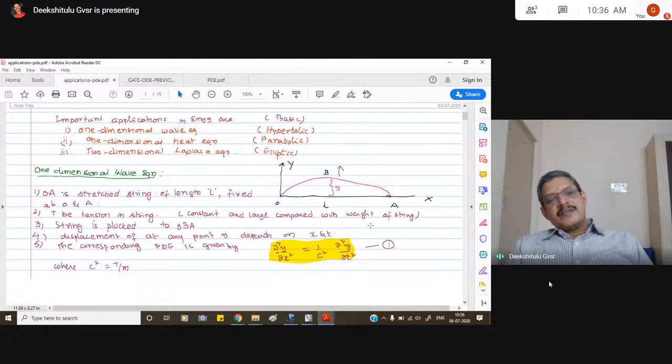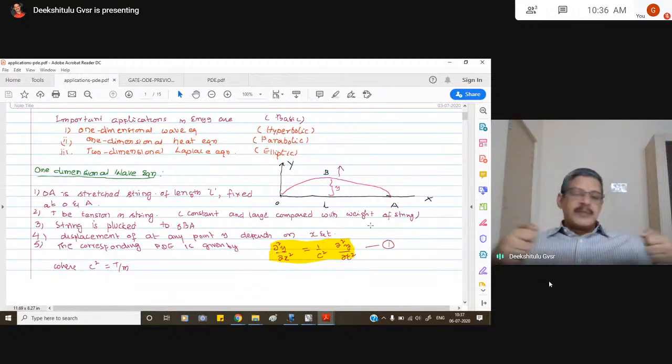When T is large compared to the weight, the weight can be neglected. Weight means mg, so the gravitational term will be neglected. Otherwise we have to put the gravitational acceleration also into the equation. To avoid that, in a simple model, we assume that the weight of the string is very small.